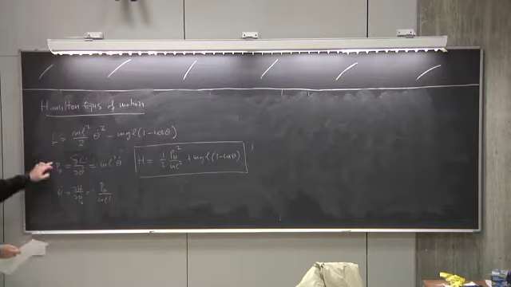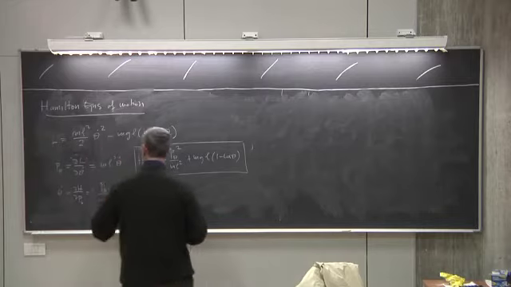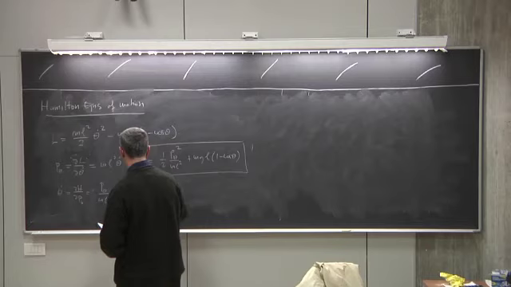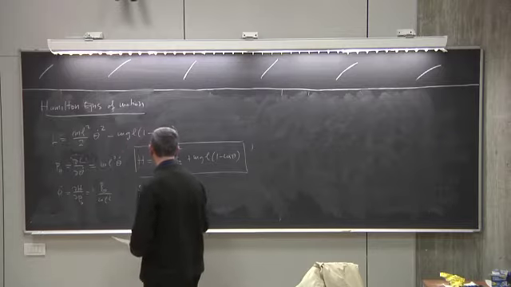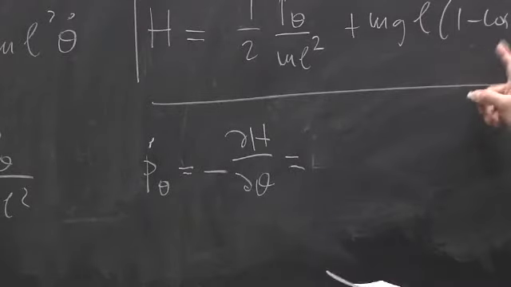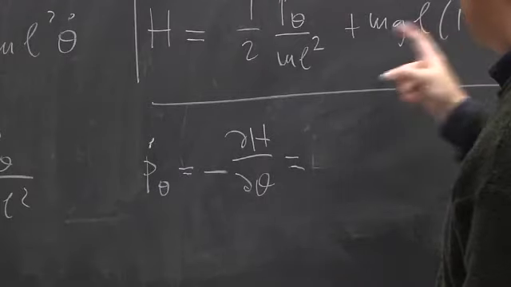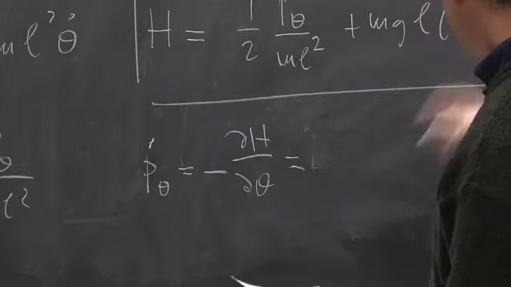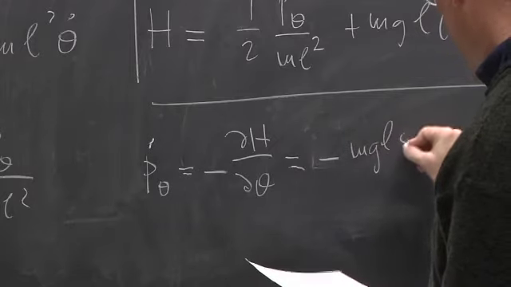So this is the link between the old and new variables, and the new equation has to do with p theta dot, that is minus dH/d theta. So what is this? You have to take the derivative of this. There is a minus, but there is a minus there. But you get a minus there, so 3 minuses make 1 minus: minus m g l sine of theta.